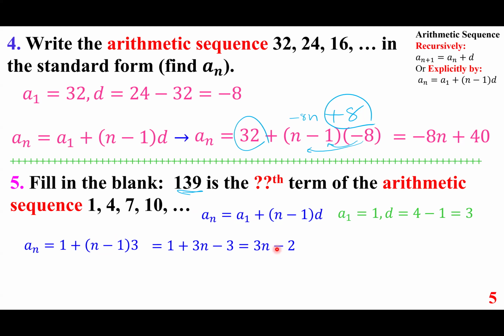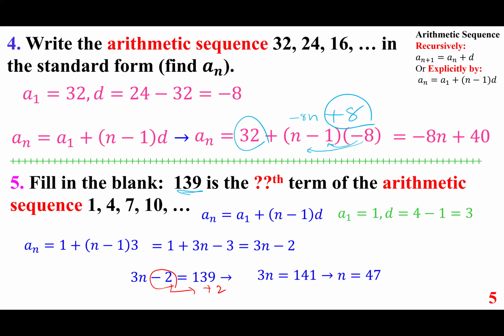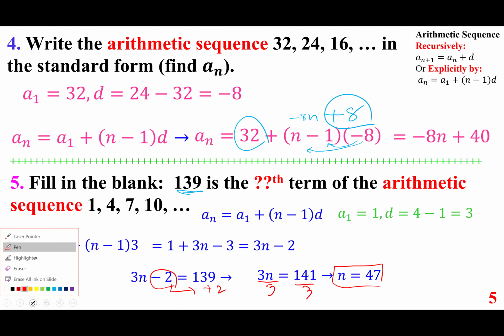Now we set that equal to 139. If we set this equal to 139, we can find n. Move the negative 2, positive 2, 141 divided by 3, n is 46.